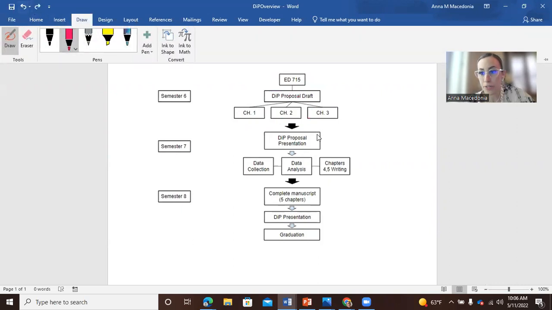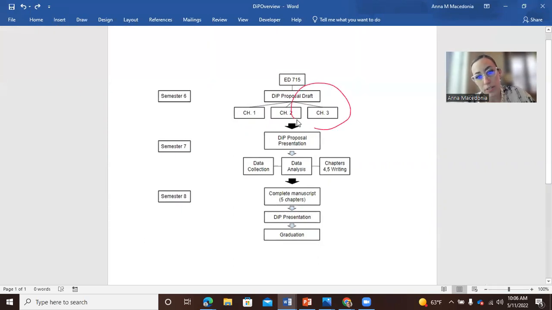The other course that you'll take subsequently is 713, and in that course, you are going to be writing your chapter 3, your methodology, design for action.